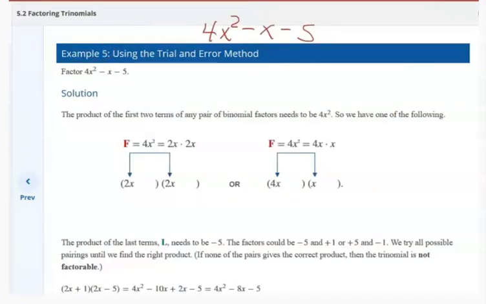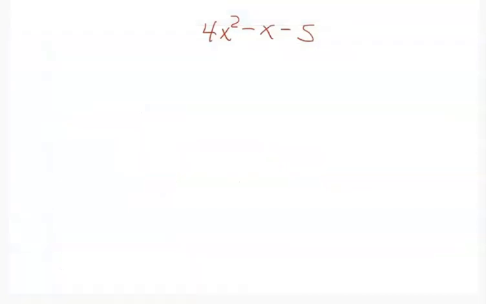All right, this will be example 4 and trial and error. Now, here we have a 4 for our A position. Our B position is just a -1, and our C is a -5.